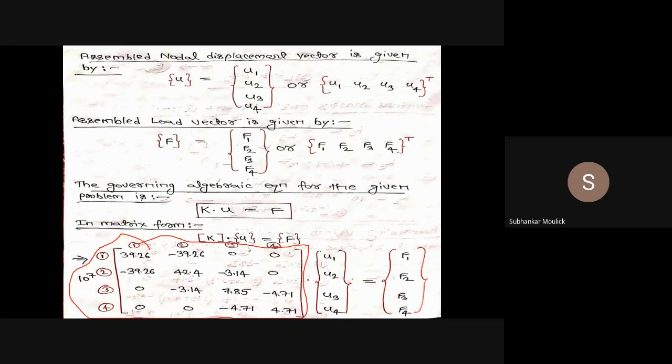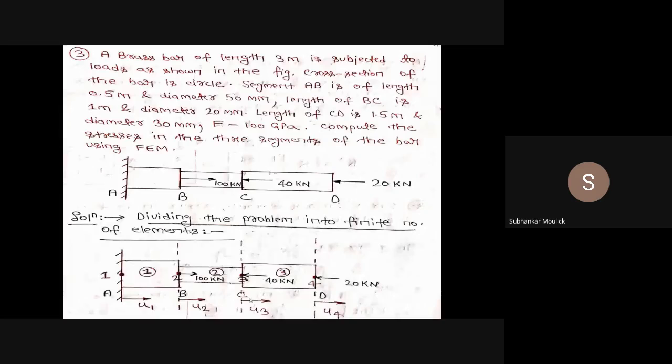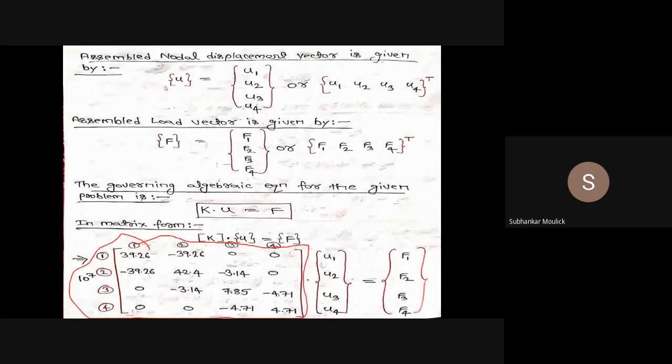Since in this problem a total of three elements and four nodes are there, the global displacement vector will be U1 U2 U3 U4 transpose. The first element has U1 U2, the second U2 U3, the third U3 U4. If you transpose it, this row becomes a column, so it is a 4 cross 1 matrix: U1 U2 U3 U4.